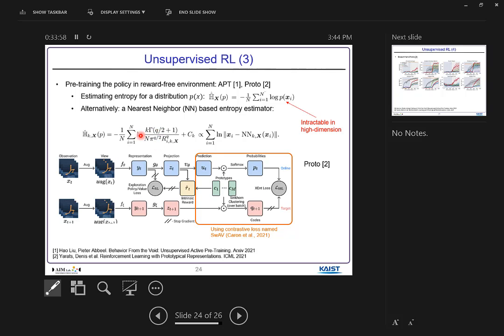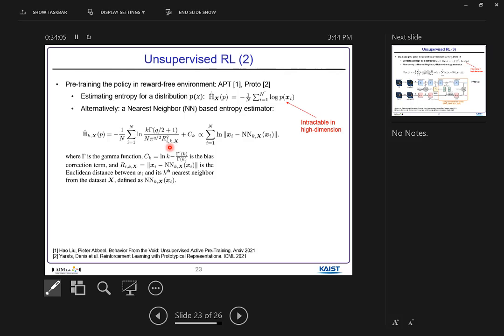This term looks complicated, but almost all of it is constant. Only this one, the R here, is variable, and the other terms are constant. So basically, we use this to estimate the entropy. We can just use this term.